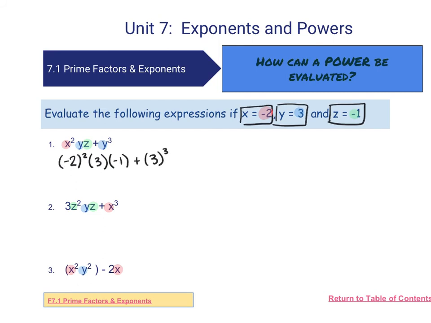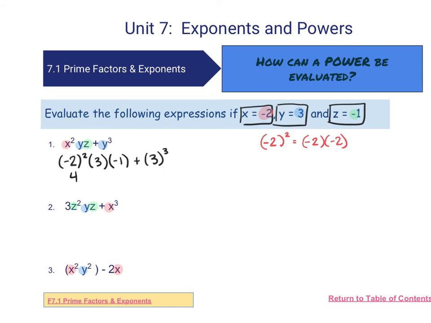So this right here, and this is where I will see a confusion, I have students that forget that this is a negative. That means I have -2 being multiplied by itself twice. So off to the side here, -2 to the second power is the same thing as writing -2 times -2, which would give me +4.